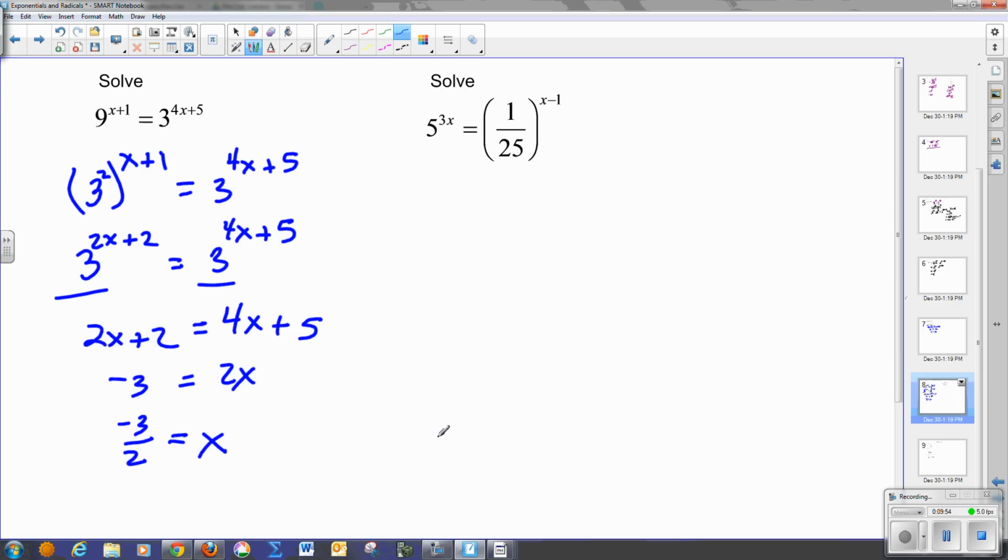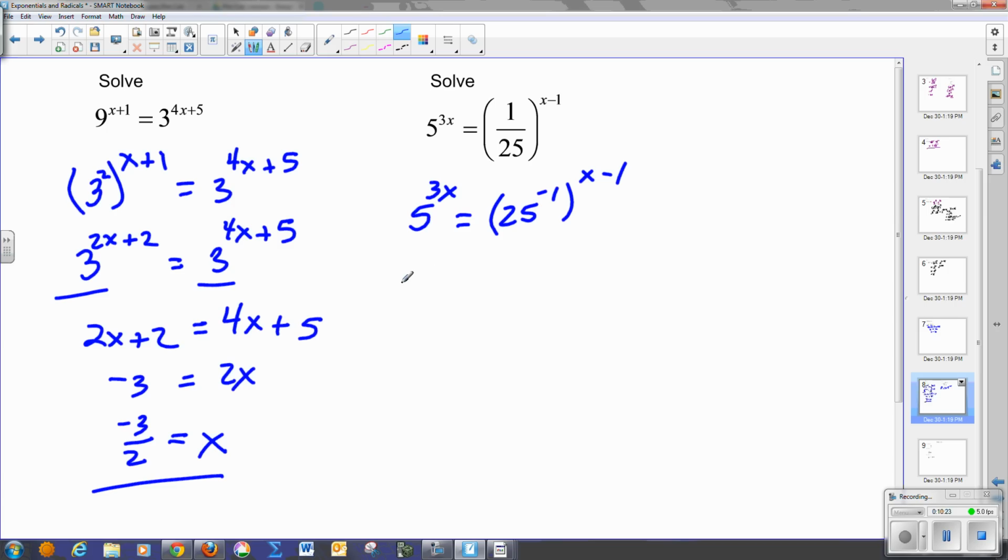Now, in this case, I need to somehow get the same base. Well, I see that 1/25 can be rewritten as 25 to the negative 1, because that's the properties of negative exponents. Take the reciprocal, make the exponent the opposite of what it was.